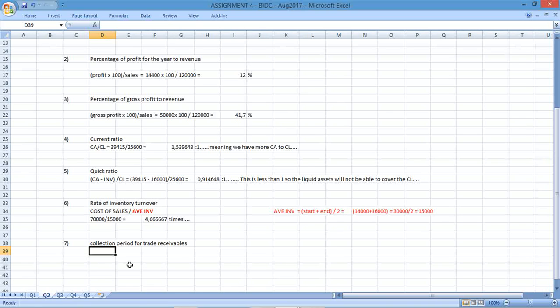The final ratio is the collection period of trade receivables. So when we're looking at receivables, we're thinking about debtors, people that owe the business, and we're looking at how quickly or slowly they pay. So I'm going to be focusing on the trade receivables collection period, which is your trade receivables times 365 divided by credit sales.